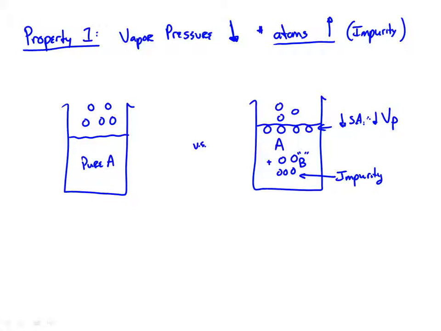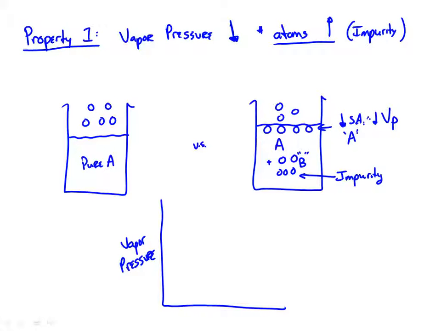And so there's going to be fewer A molecules in the vapor phase. And so what that means is that if we take a line, and this is the vapor pressure, because you've got something else in the beaker, the surface area of A, the major component, decreases.